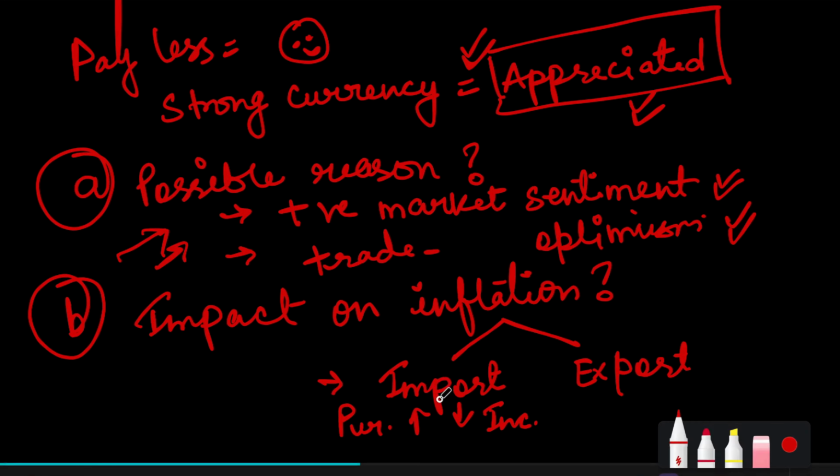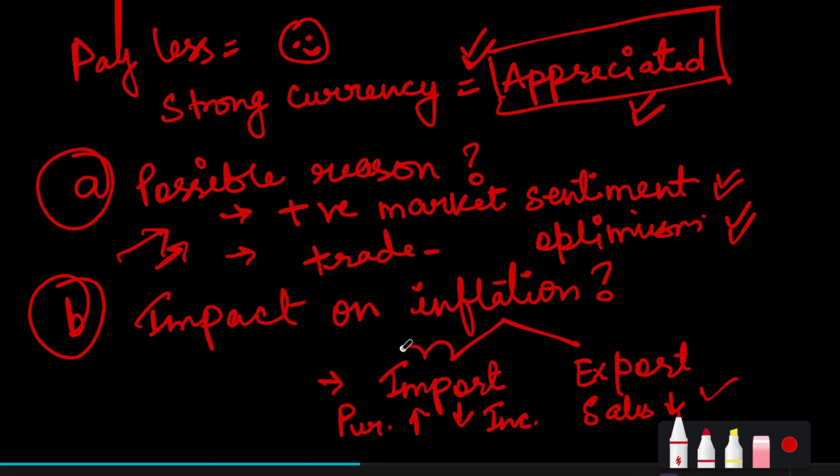So imports will increase, and when imports increase, exports will decrease. Because for them, the same dollar will purchase a lesser amount of goods. The worth of dollar has decreased, so they will purchase less. So exports for us, the sales, will decline.